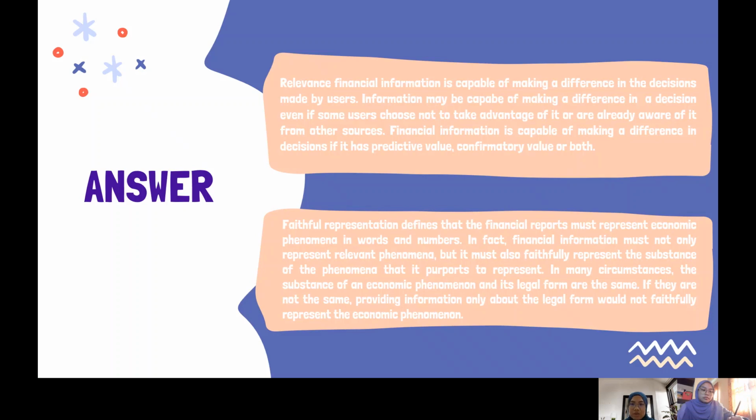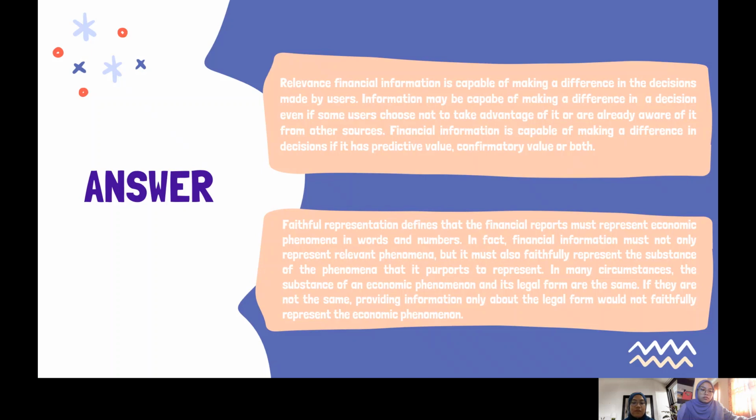Financial information is capable of making a difference in decisions if it has predictive value, confirmatory value, or both. This question is worth 5 marks, so for the first point I put 3 points, which represent 3 marks.